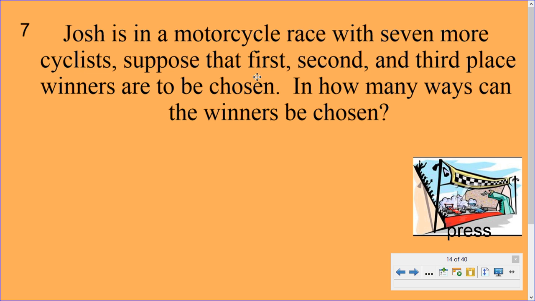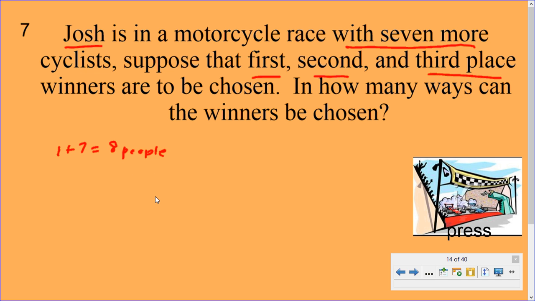So there's a first, second, and third place. And you have Josh in the race with 7 people. So that's a total of Josh plus 7 other people. So there are 8 people in the race.